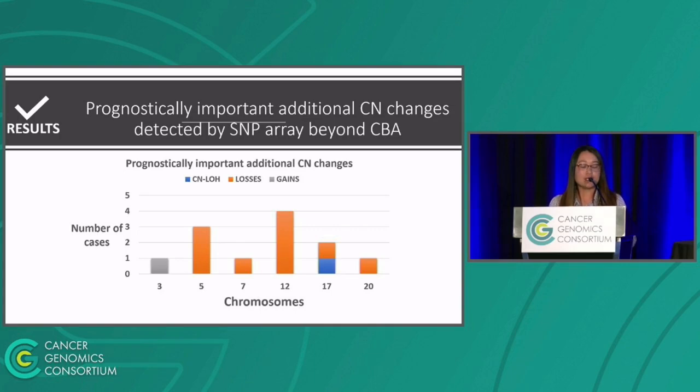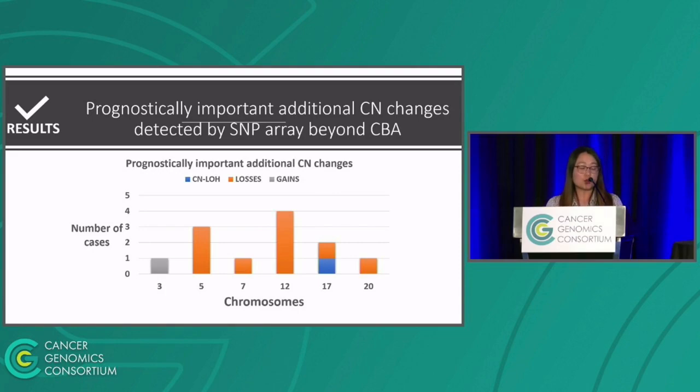This graph indicates the distribution of the 12 important additional copy number changes detected by SNP array compared to conventional banding analysis. We can see the abnormalities on chromosomes 3, 5, 7, 12, 17, and 20 on the x-axis, and the y-axis represents the number of cases in which we observed those changes.